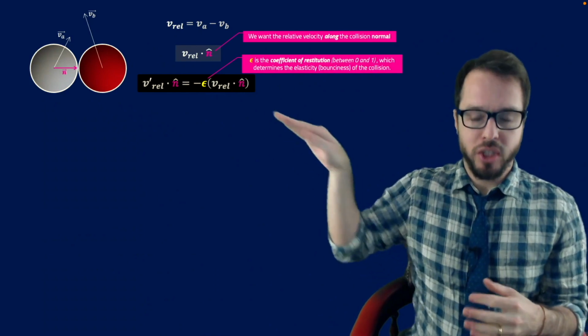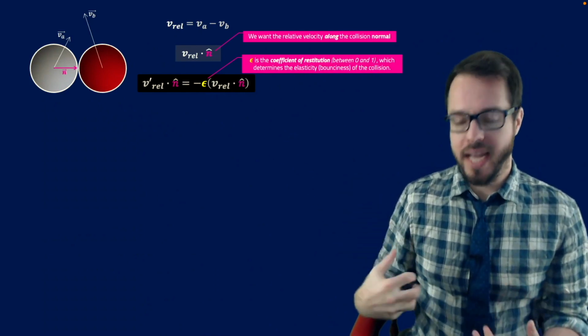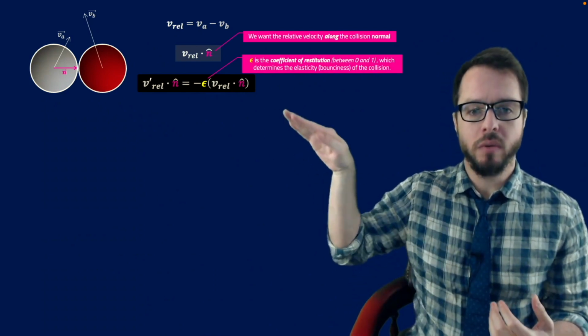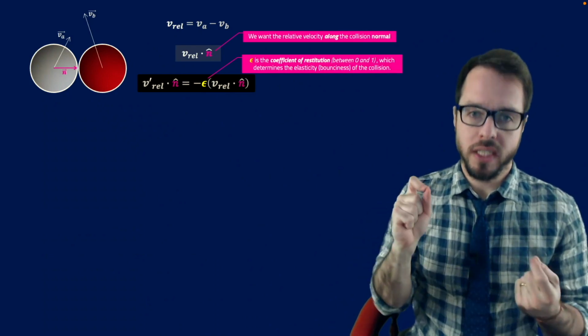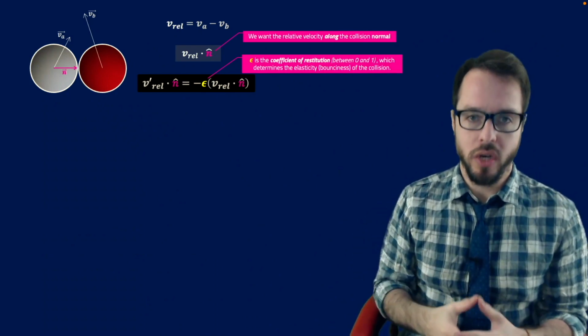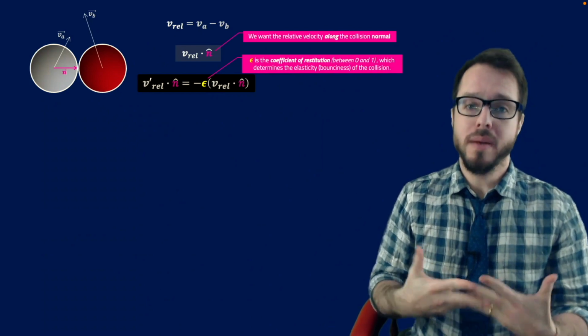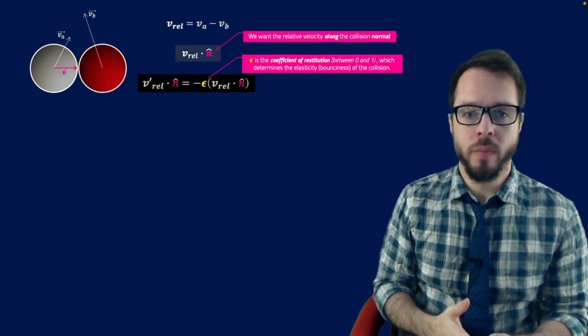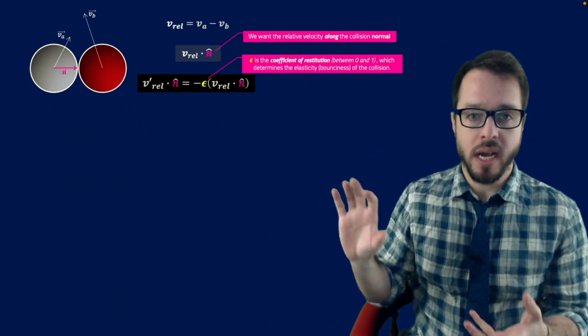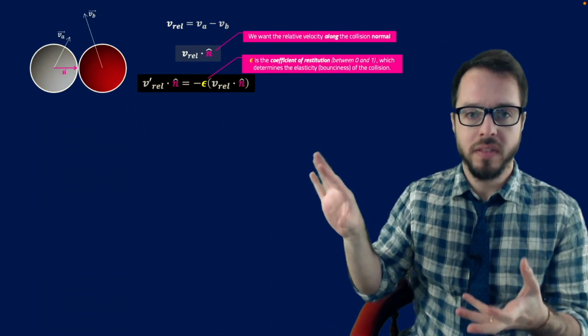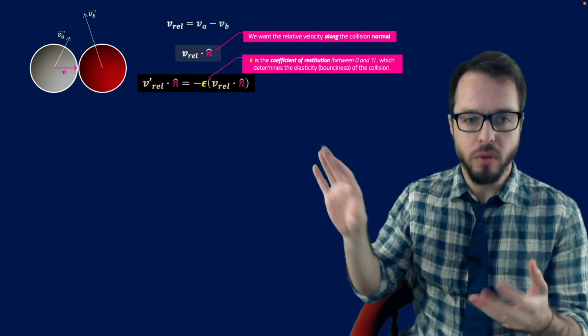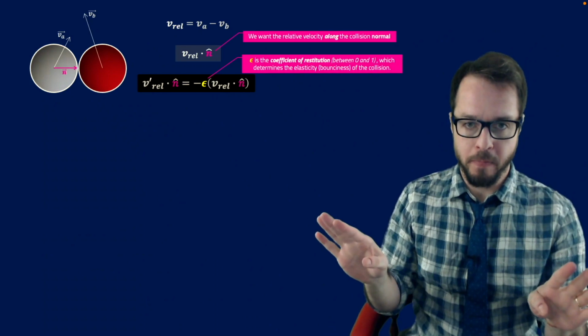Easy, right? So now we need to take into account this coefficient of restitution, this elasticity of our collision. It is one more factor that we're going to have to take into account when we calculate the magnitude of the impulse that we have to apply to A and B.